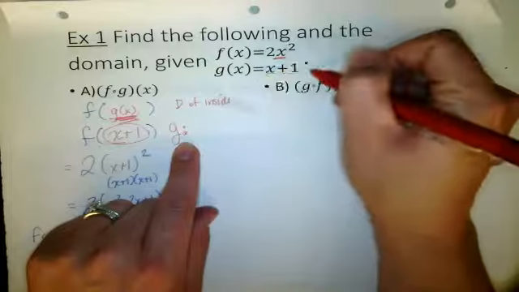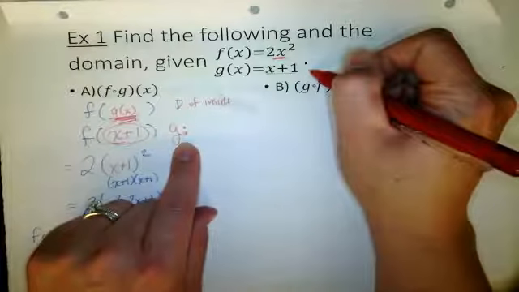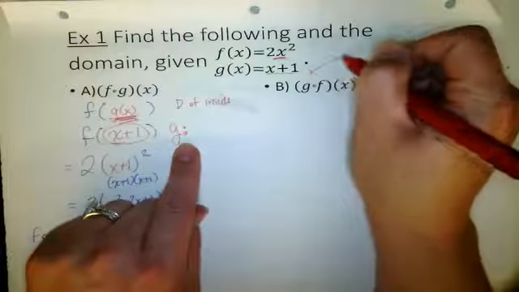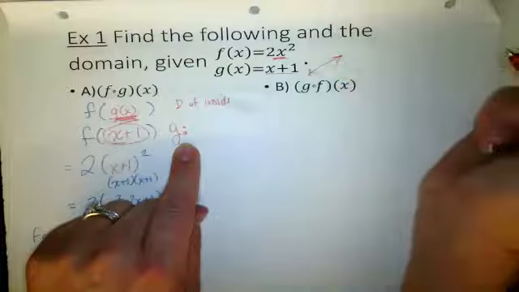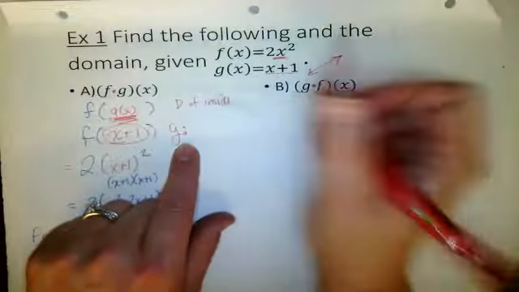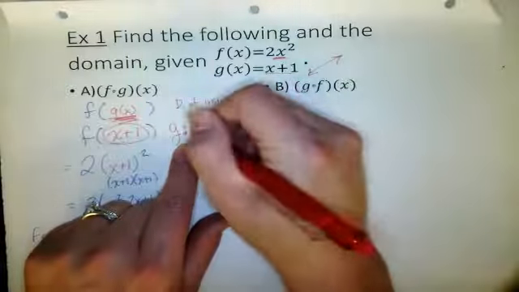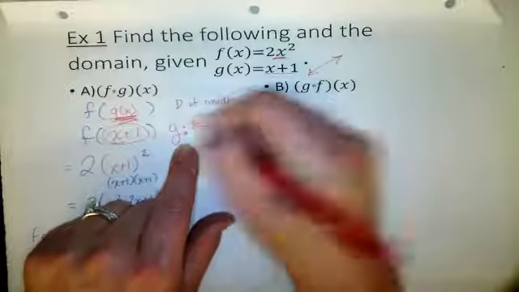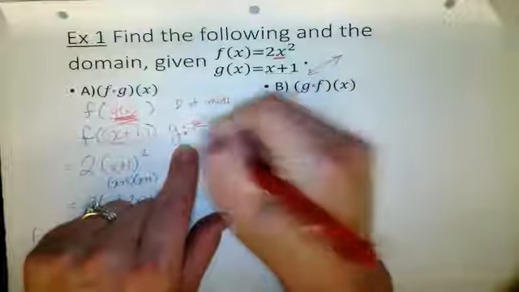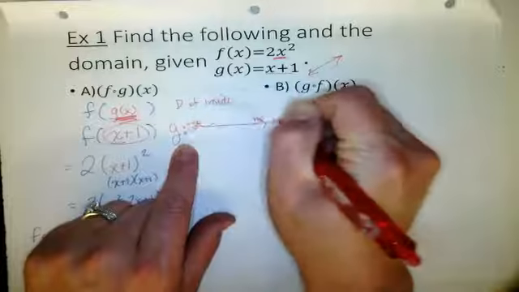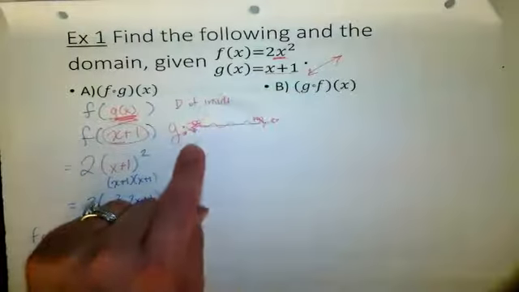This g of x function is what shape? It's a line, right? And so what's the domain? Negative infinity to positive infinity. Okay, so let's just say it's the whole line. Good. So I just made a sketch.